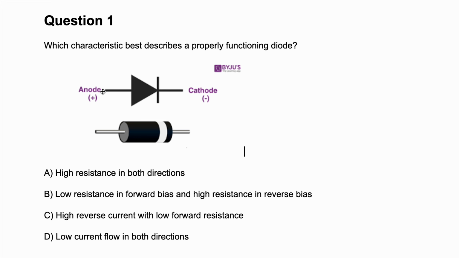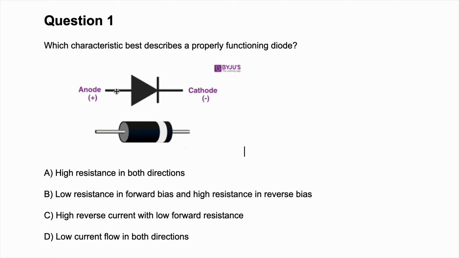We assume that the current flows from the positive side of the circuit to the negative, but actually it is electrons that go to the positive side. But in conventional current flow, we assume it goes from the anode side to the cathode side, and this is the diode. A diode is like a one-way road.